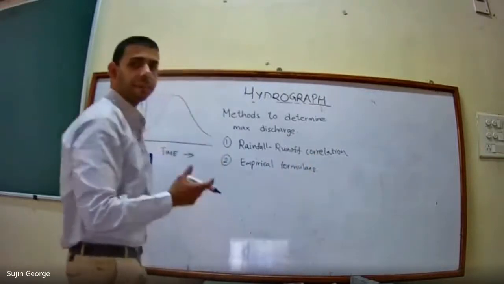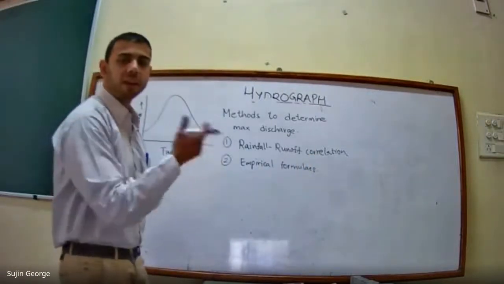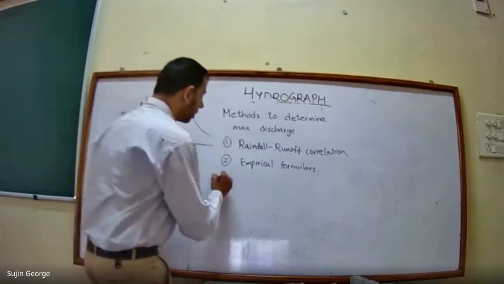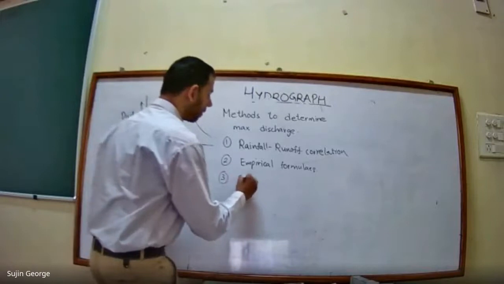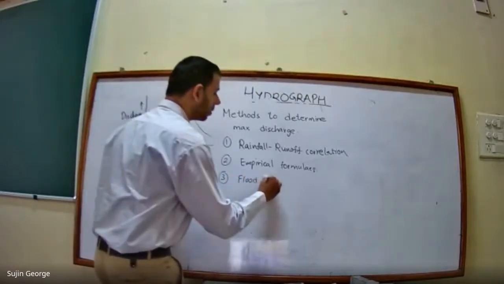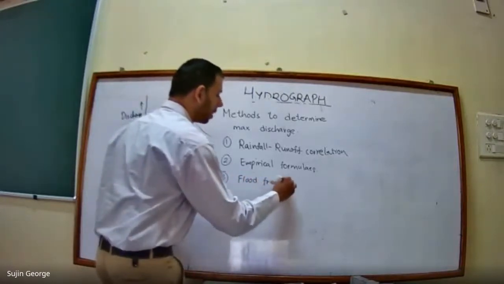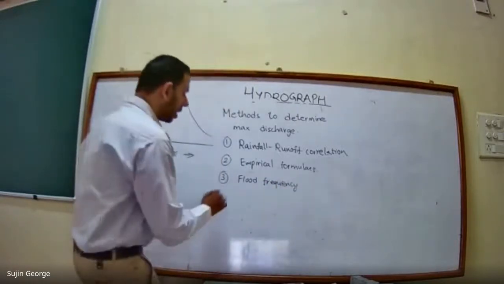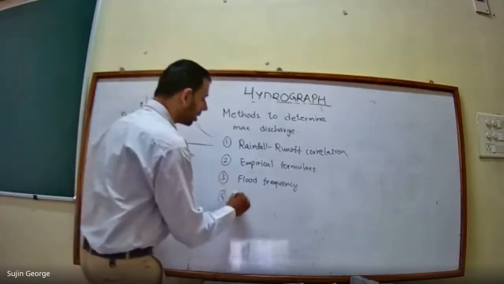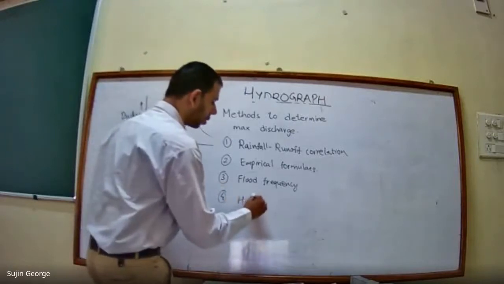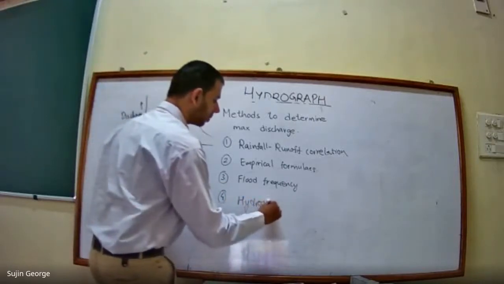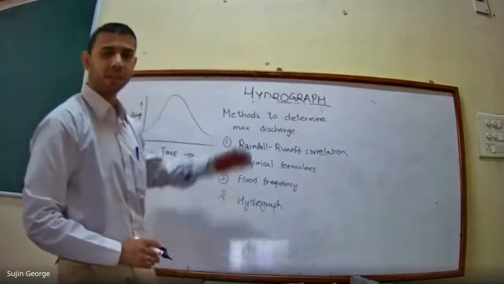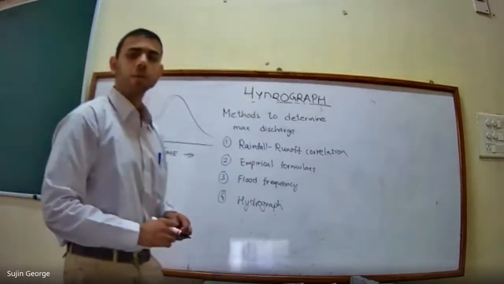Okay, there are some empirical formulas by which you can also find out the maximum discharge rate. Then there is the flood frequency method. And the most important method is the hydrograph method, which we are going to look into in today's class.